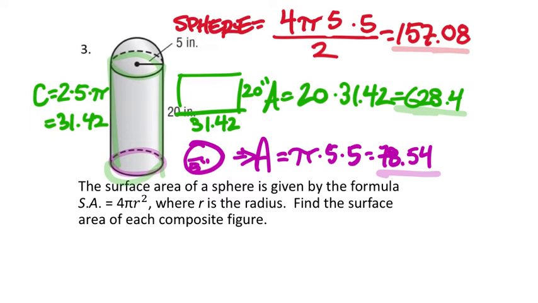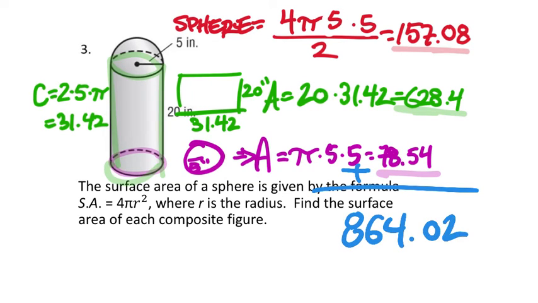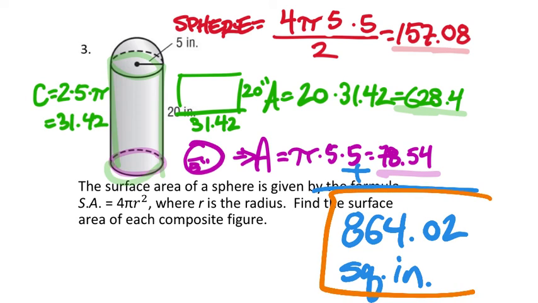Well, to find the total surface area, what I need to do is take these 3 values and add them together. So 157.08 plus 628.4 plus 78.54. And I get 864.02. But again, this is an area, so it's a square value in inches. We did it.